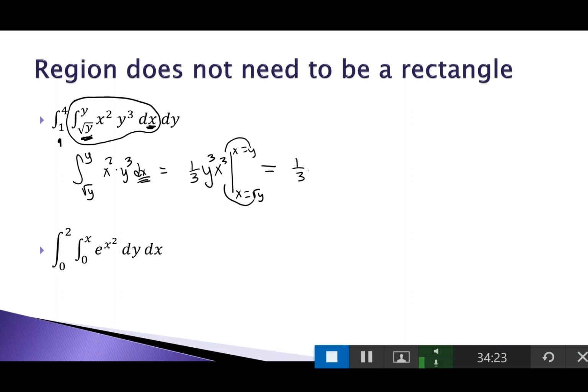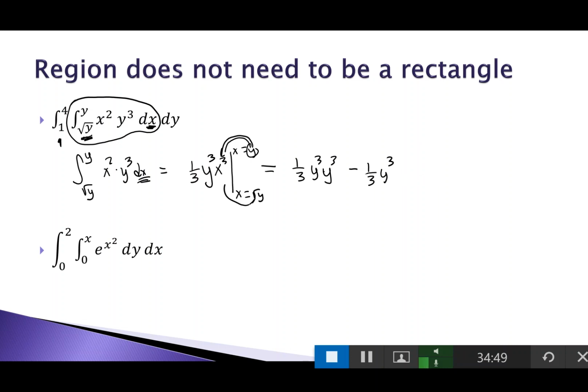So I'm plugging root y and y in for my x. So I'll get 1/3 y cubed x cubed minus 1/3 y cubed x, excuse me, that's not an x cubed, that's a y cubed. Pardon me. I'm putting y in for x, so that becomes a y cubed.